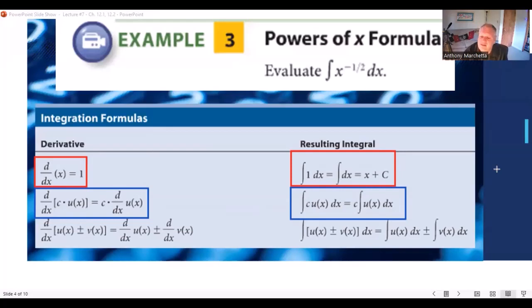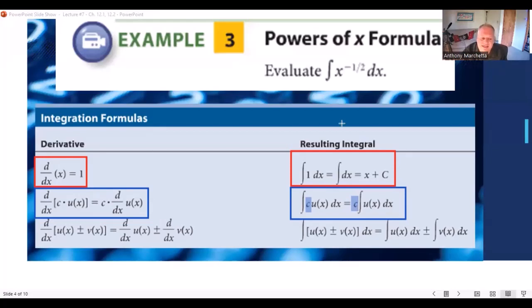Whatever that coefficient is to your expression, just yank it out of there and put it out in front of the integral. Then you can forget about it and just work on the integral. That's the constant rule, but for integration.